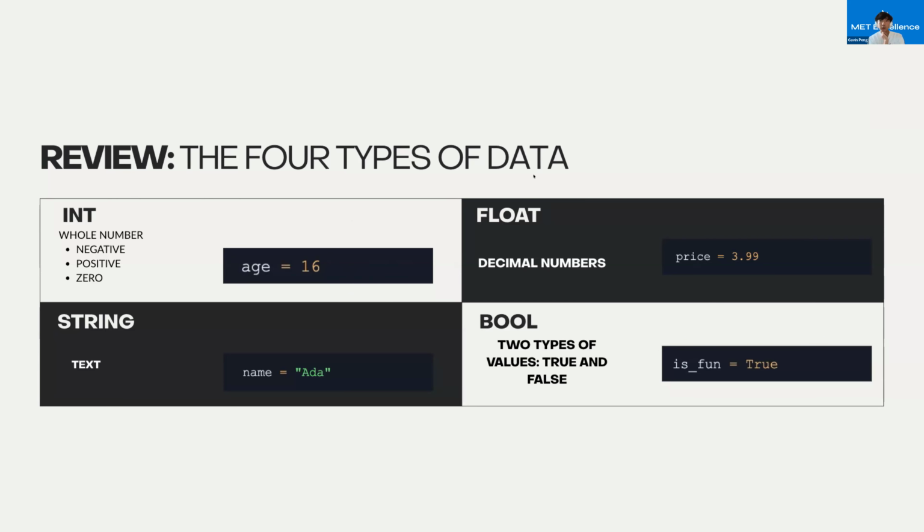Next up we have float, which is a decimal number. So anything with a decimal point in it. Think of price. Right here, it says 3.99. Now, if I'm going too fast, can you guys call me out in chat? I'll make sure to go a bit slower. Moving on, we have string, which is text.